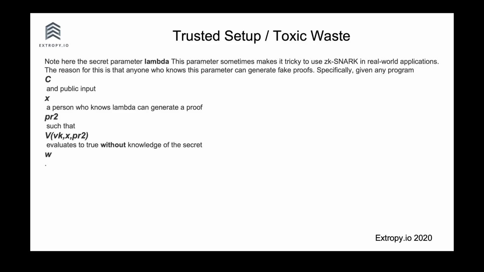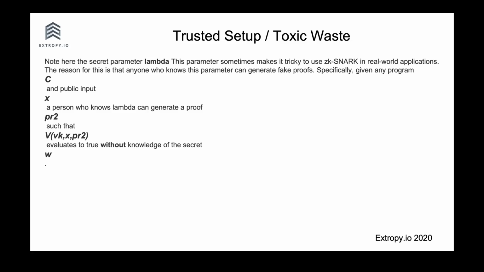And this parameter lambda was called the toxic waste. I think this was coined by the people who created Zcash. The idea is that it is something that you want to get rid of, and that you don't want to be publicly available.